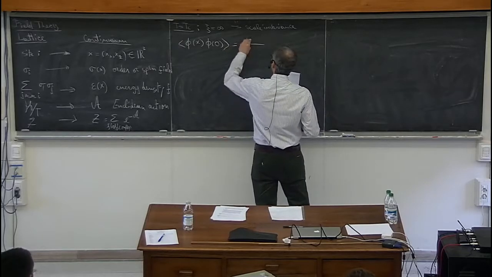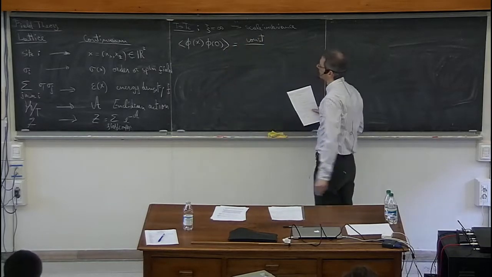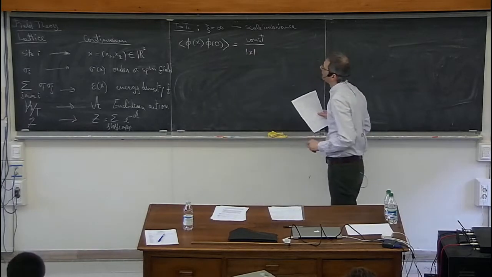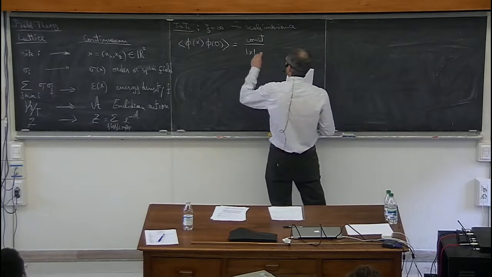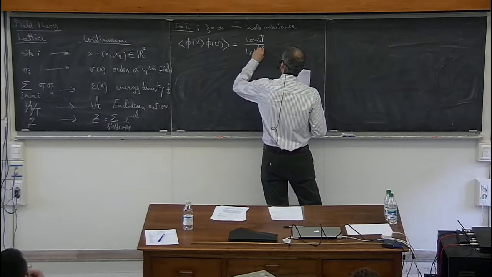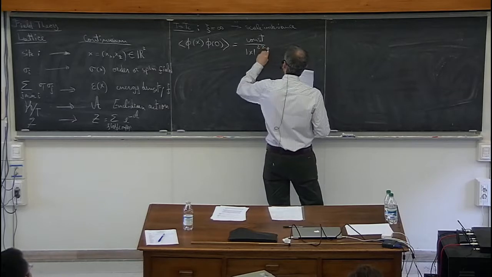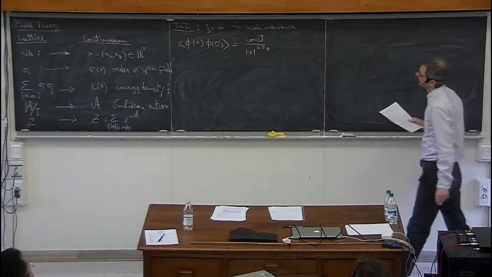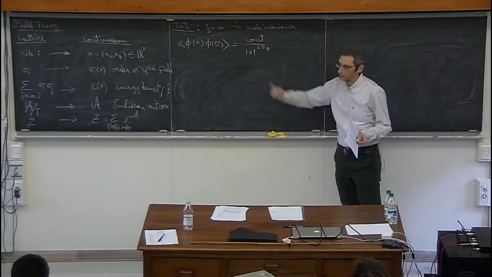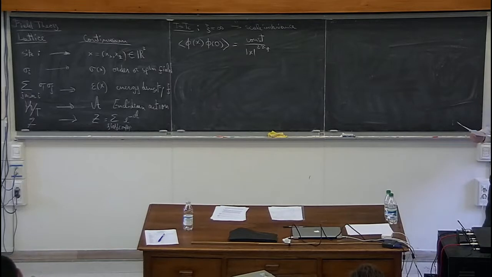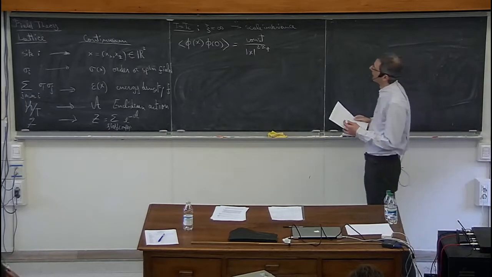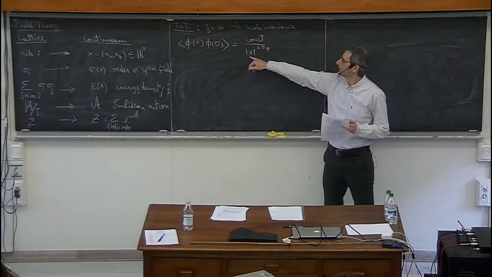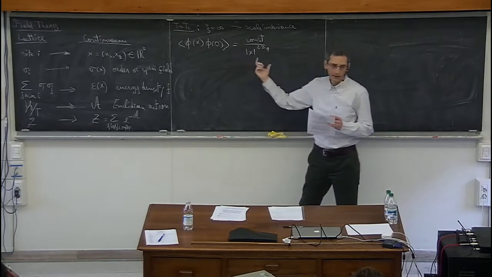In general, we write this as a constant divided by the distance to an exponent, which I call twice X_phi. This is a capital X. Sorry, please do not confuse it with the coordinate. Let me say once and for all that when I write this, I am saying implicitly that the correlation depends on the distance.